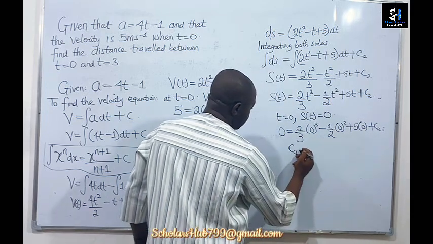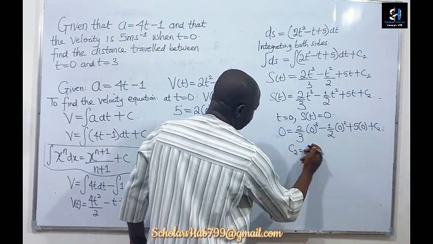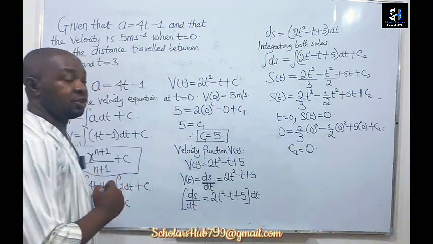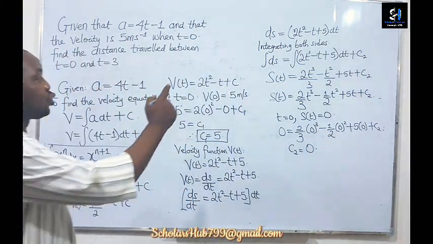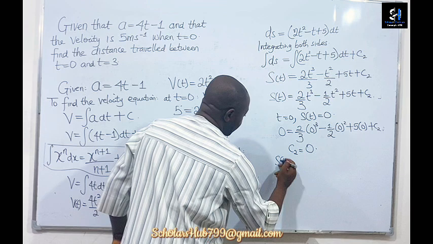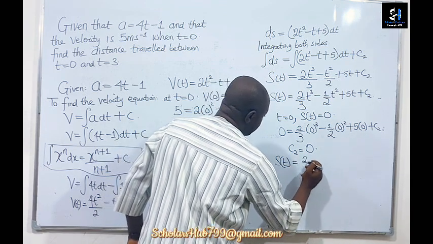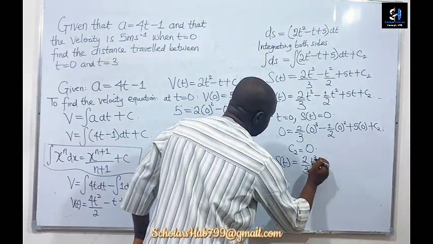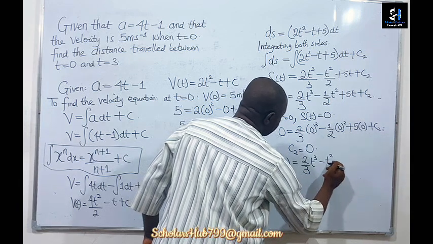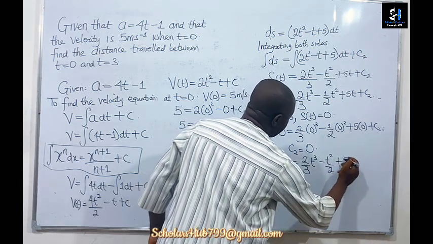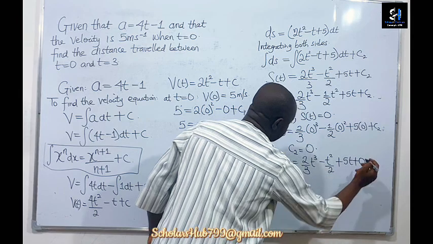Which means the second constant of integration will be equal to 0. So the distance function will be 2 over 3 t cubed minus t squared over 2 plus 5t plus 0.